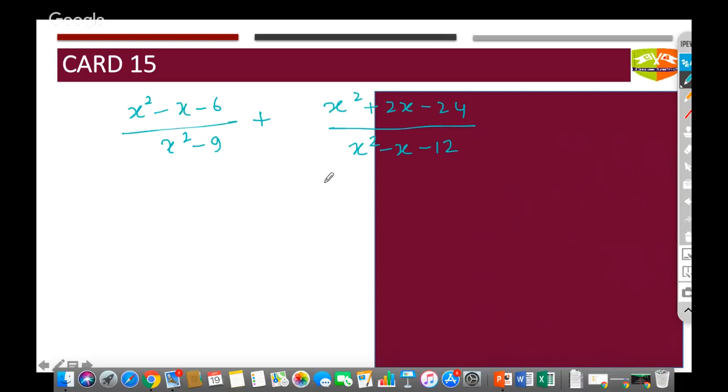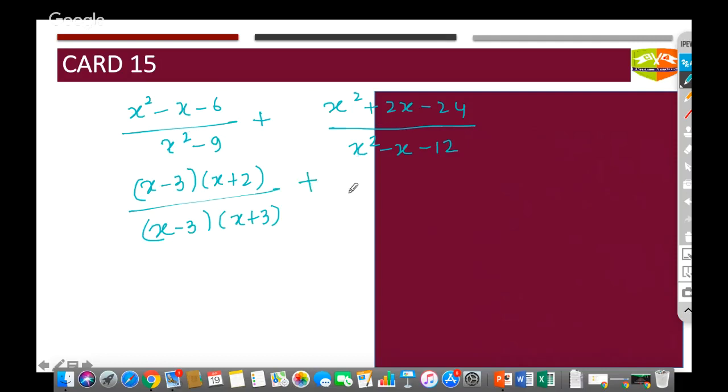So here in this question also, first I'll do the factorization and then I'll do the addition. So this numerator can be written as x minus 3 times x plus 2. Denominator can be written as x minus 3 times x plus 3. It is a square minus b square form. So a plus b, a minus b, where a is x and b is 3.